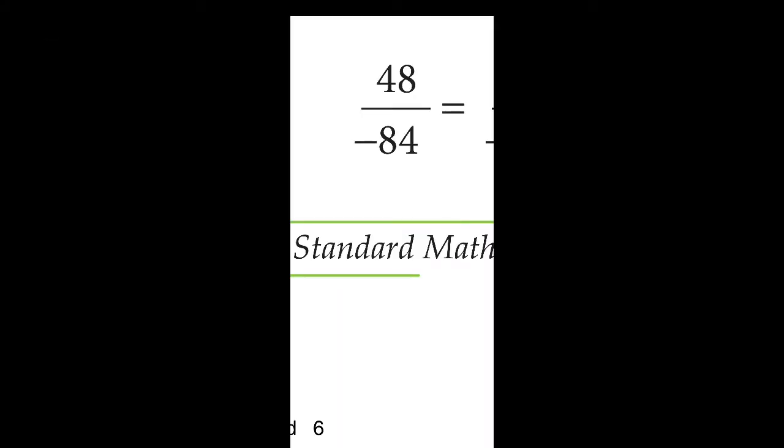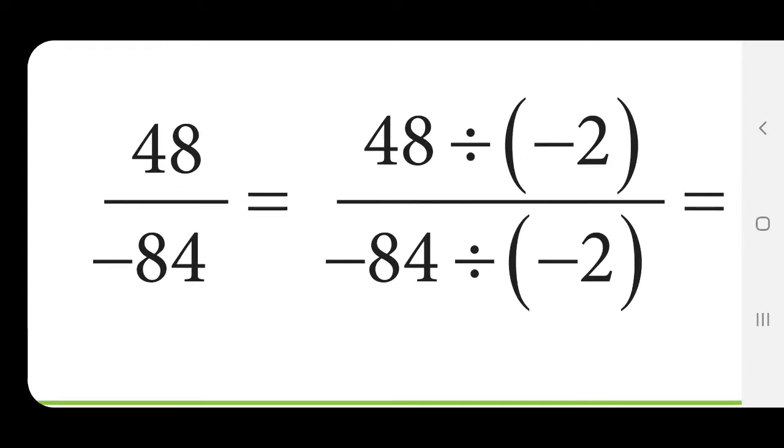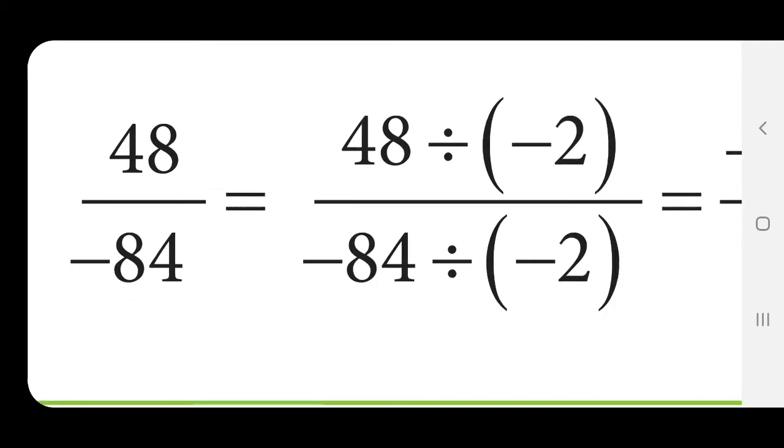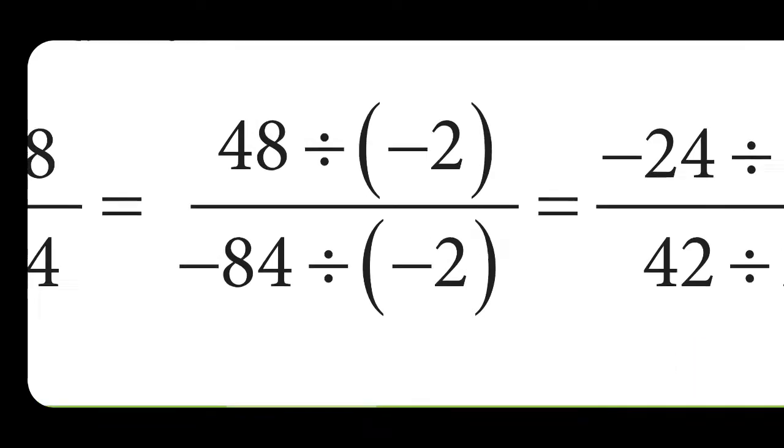Suppose the denominator is negative, we multiply by minus. So 48 by minus 84 has common factor 2, so both sides divide by minus 2. 48 by 2 is 24, 84 by 2 is 42. Minus by minus cancels, so the answer is minus 24 by 42.